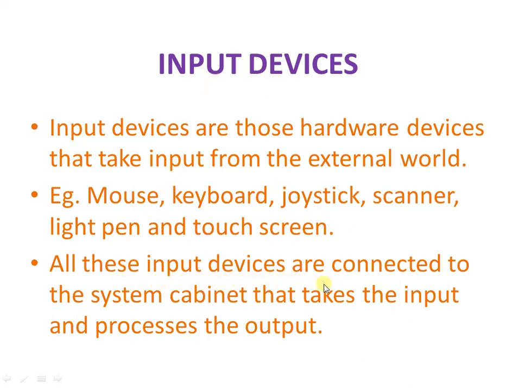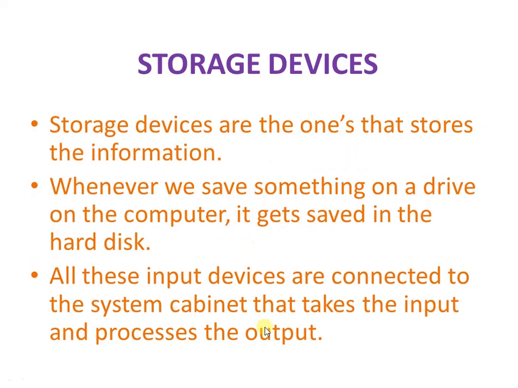All these input devices are connected to the system cabinet, which takes the input and processes it. System cabinet means CPU. All these devices are connected to the CPU, and all the information goes into the CPU, and after processing, the information comes to the output devices.